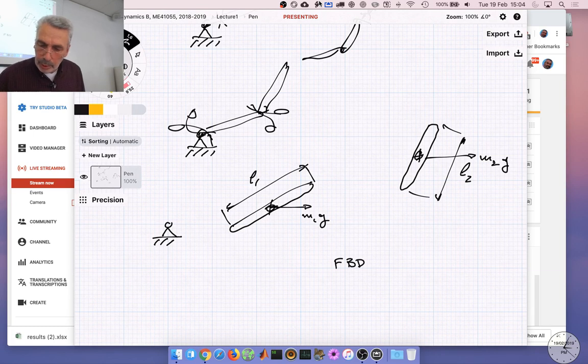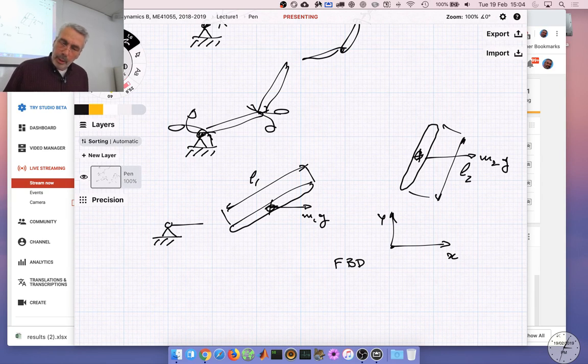Then I should have a coordinate system. I can draw it anywhere. X, Y, that's my coordinate system. It's inertial, so I ground it like this, so you know this is the inertial reference frame.